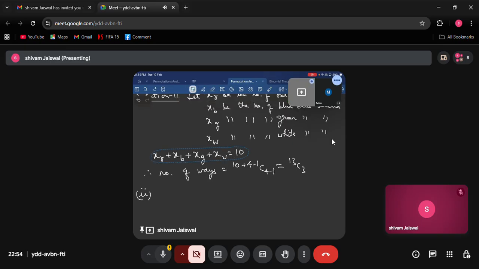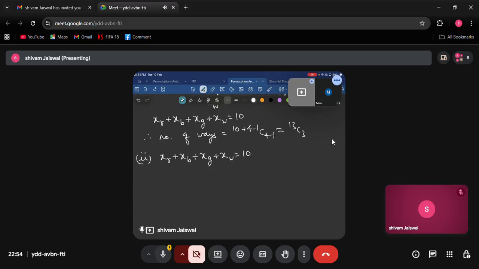The number of balls of each color. So we need to choose at least one ball, right? Yes. So it will be 10, and the number of ways will be equal to the number of natural solutions, right? Yes, sir.